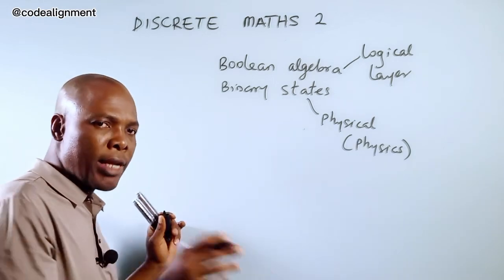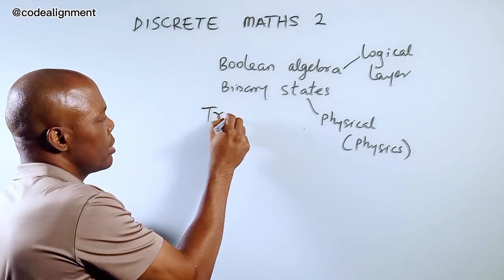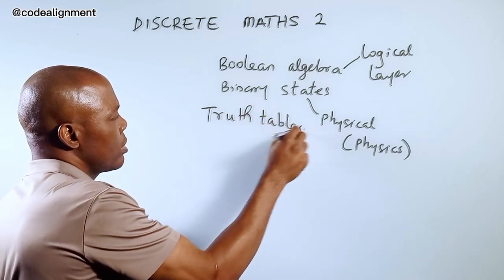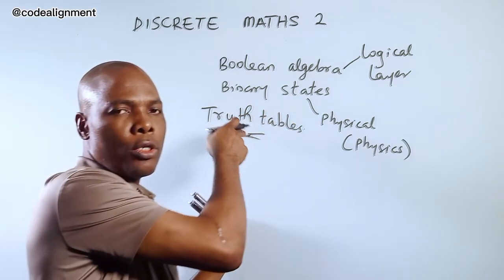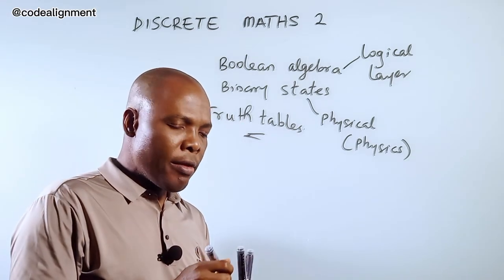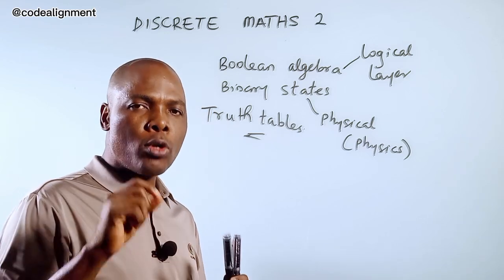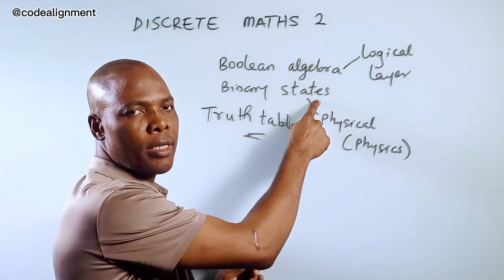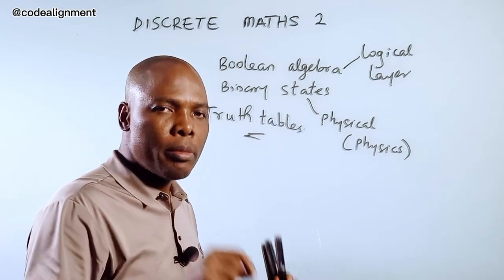Now, this class we are looking at truth tables. Now, what question does this truth table answer? Truth table is simply saying for every possible combination of already decided state, what must the outcome be?